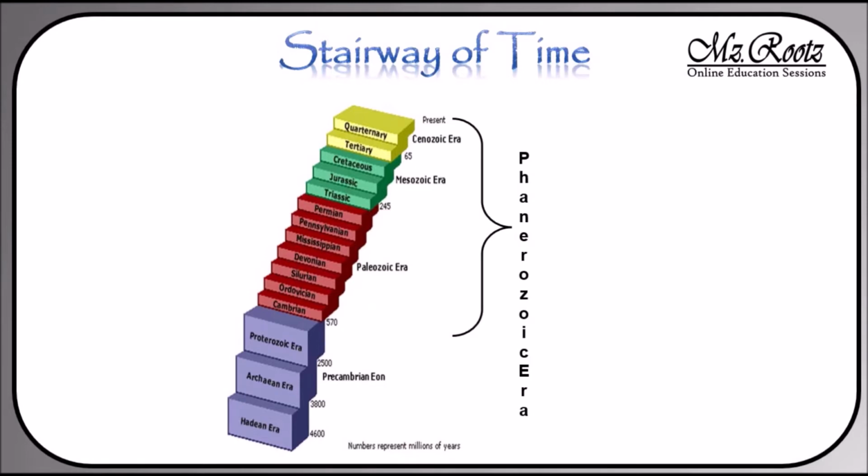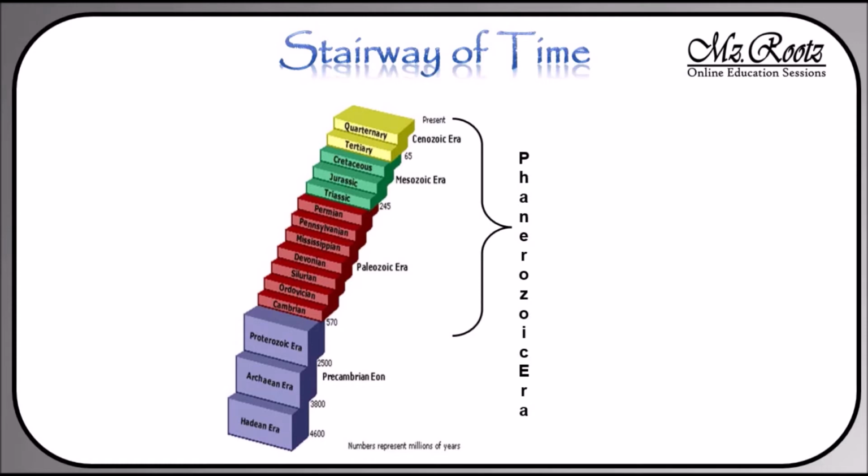The odd names of the different time periods on the staircase of time were made up by geologists who were the first people really interested in finding out the actual age of the Earth. Most of the names have to do with places where certain types of fossils were found.